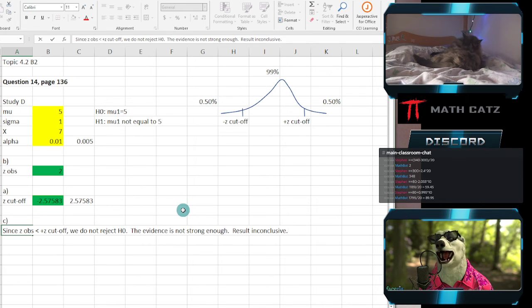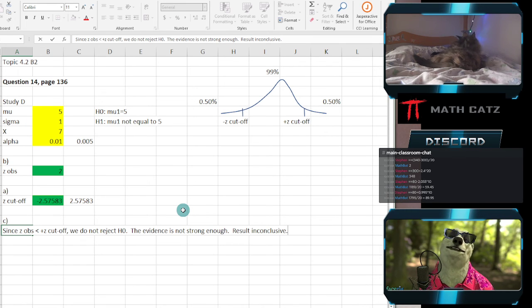Remember, we are never accepting the research hypothesis. We're never saying yes. Sorry, let me rephrase that. We're never accepting the null hypothesis and saying, yes, the true population mean is in fact 5. All we're saying is the evidence that we are getting is not strong enough to suggest that it's not 5.